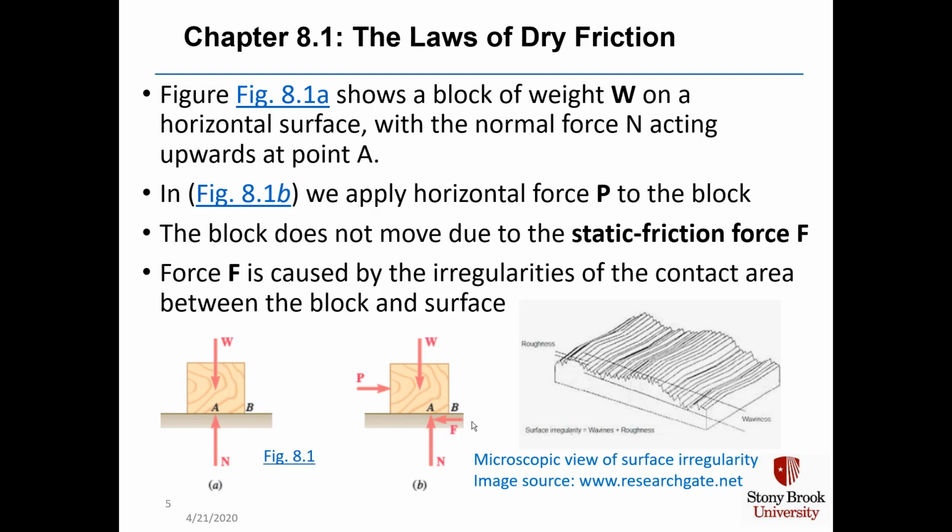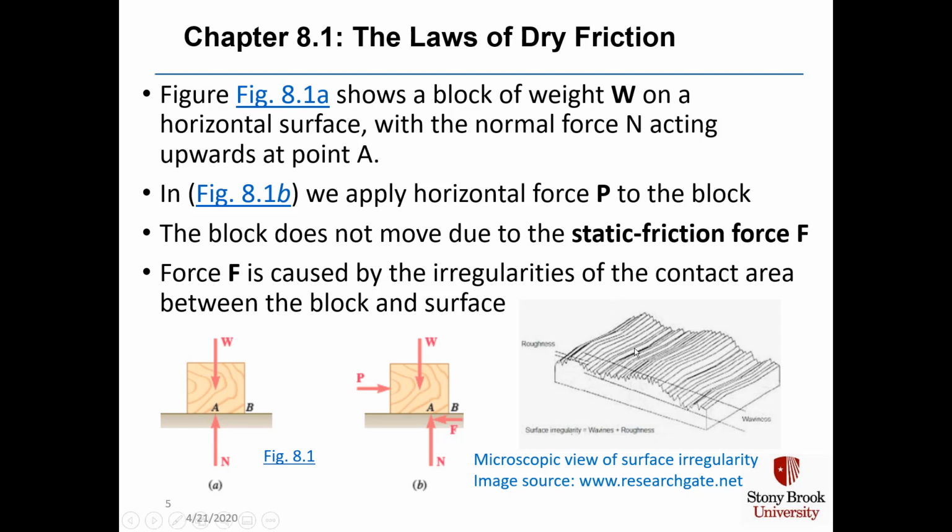Force F, the friction force, is caused by the irregularities of the contact area between the block and surface. And to illustrate that, we show you here in the lower right a microscopic view of surface irregularity. Now, the actual height of these roughness of something that we use in everyday life is very, very small. It can vary from a couple of thousandths of an inch for something we call rough to a few angstroms for something we'd call incredibly smooth.